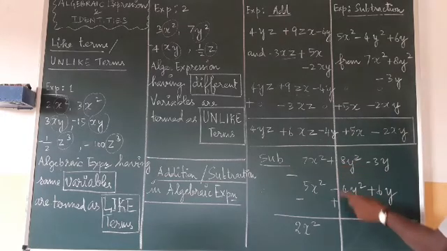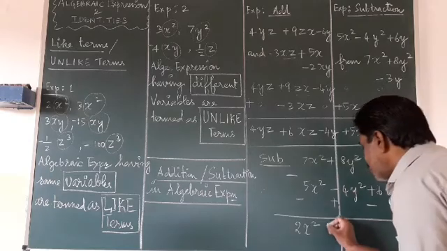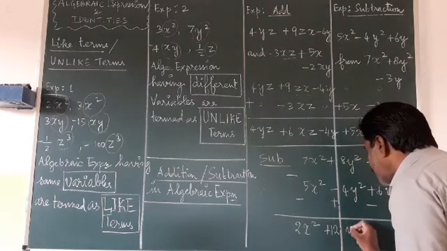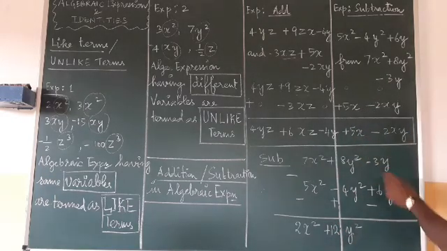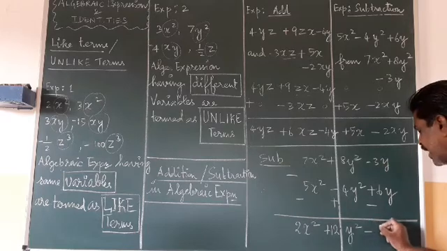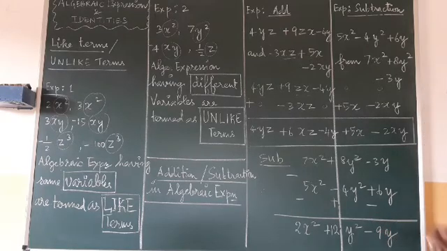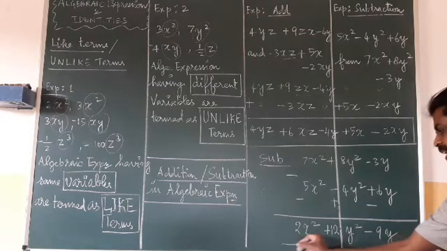Then 8 plus of 4. This sign you have to use, plus of 4. 8 plus 4, 12y square. Then minus 3 minus 6, minus means you have to add, so minus 3 minus 6 means minus 9y. Okay, this is your answer.